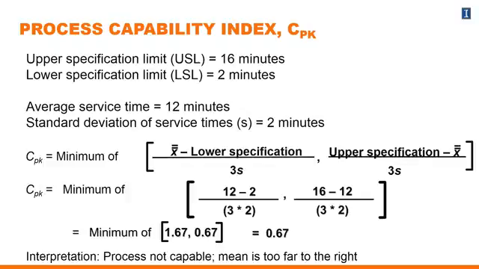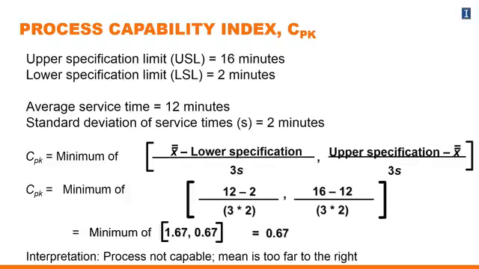You can also simply take a look at the upper and lower specification limits and compare with the center of the process that you have from the process average, right? So if you look at the center of the upper and lower specification limits of the customer, it's between 16 and 2, so that's going to be at 9, right? So you have 2 plus 7, 9, 7 plus 9, 16, so 9 is the center.